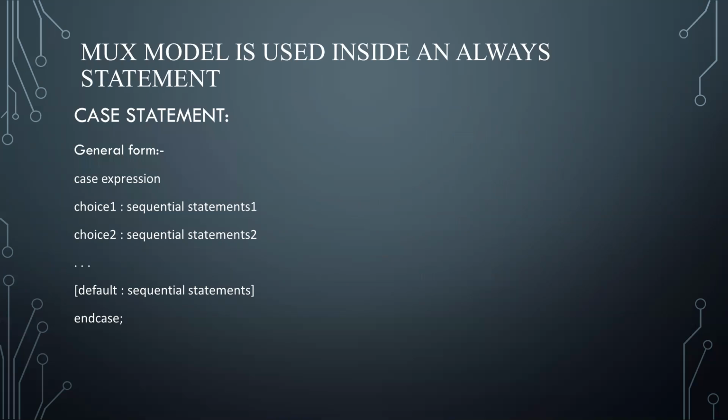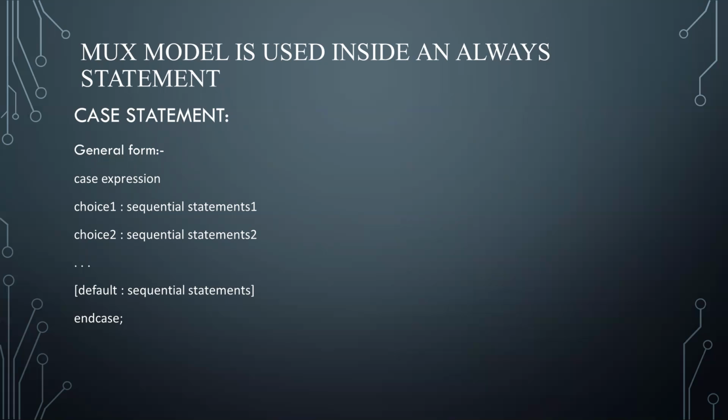Next, we are going for sequential statements. First, we take the case statement. The general form of the case statement is: first the case expression, then the first choice and sequential statement 1, then the second choice and sequential statement 2, and so on, and then we end our case.